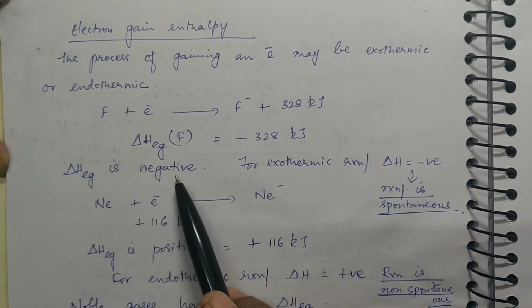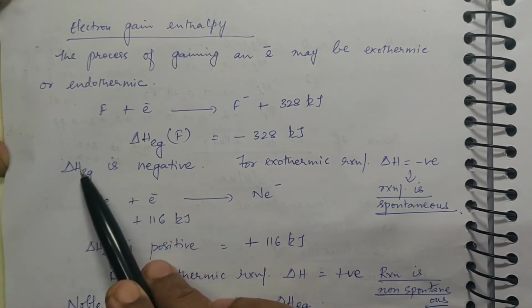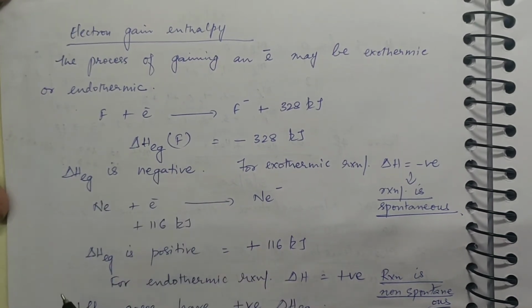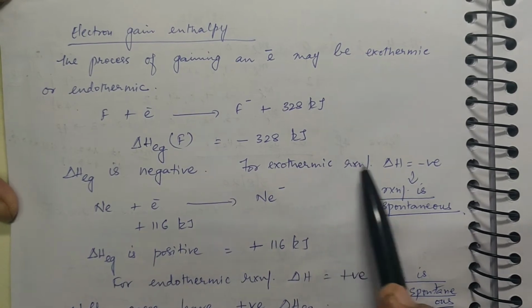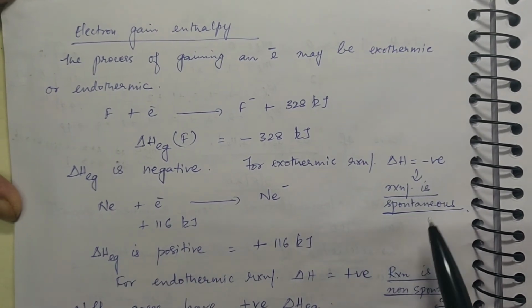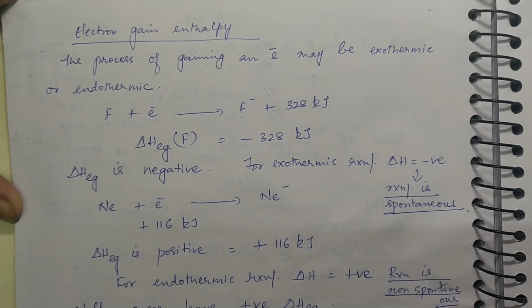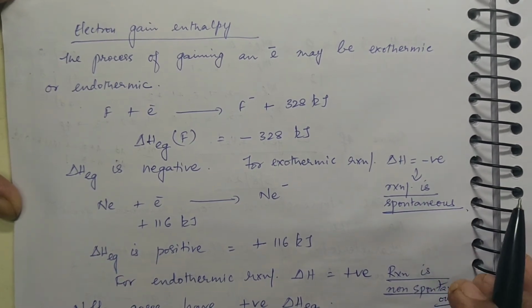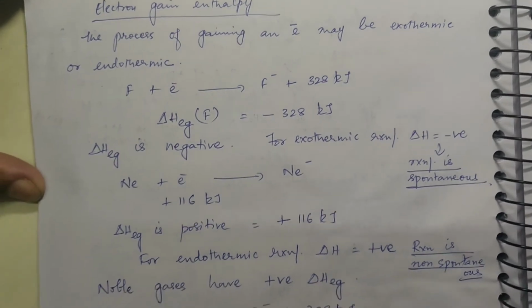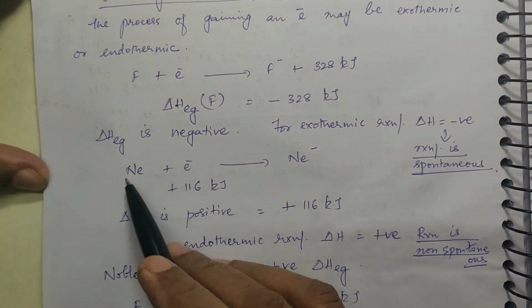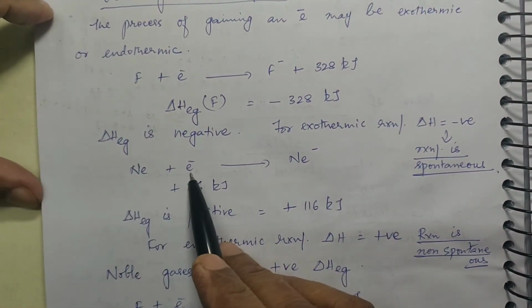So delta H Eg, that is electron gain enthalpy, is negative. For exothermic reaction, delta H is negative and the reaction is said to be spontaneous. Right? Any exothermic reaction is generally spontaneous. Now supposing you want a neon atom to gain an electron, will it gain?